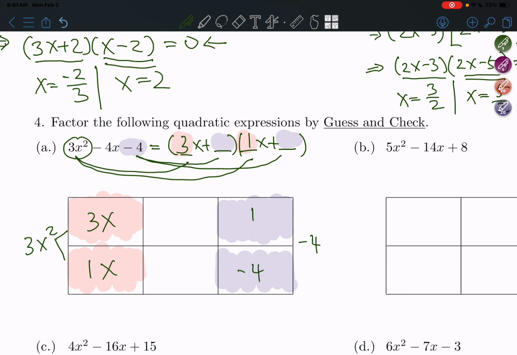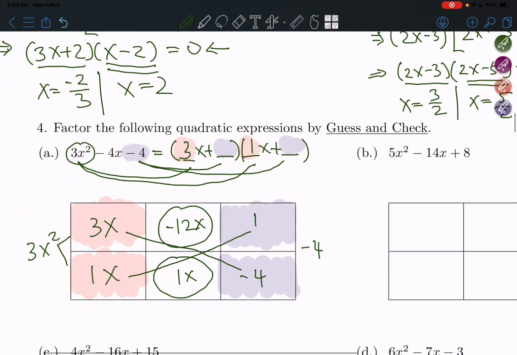So what's going to happen here? Well, we're going to connect the box and then find their multiple. So in this box, we're going to do 3x times negative 4. That's going to be negative 12x. And in this box, we're going to do 1x times 1, which is, well, 1x. And then we're going to add these boxes in the middle together.